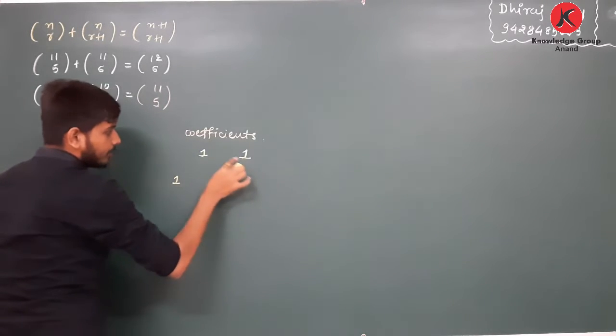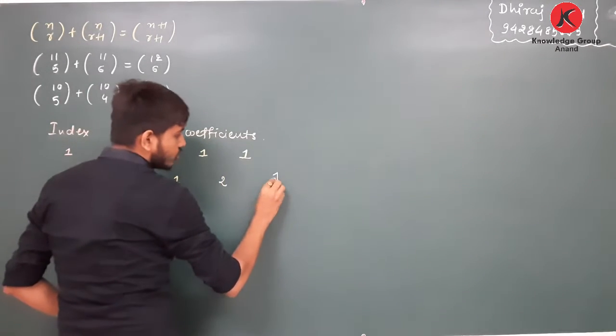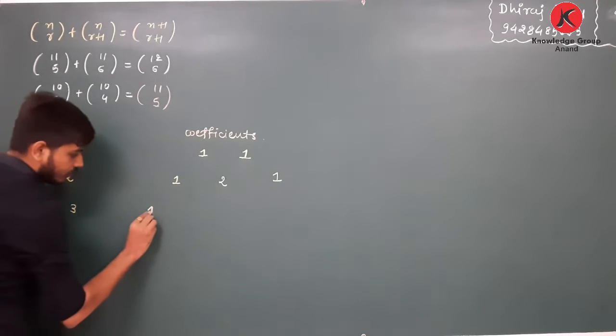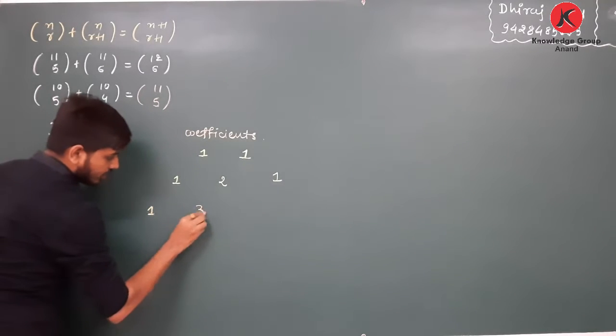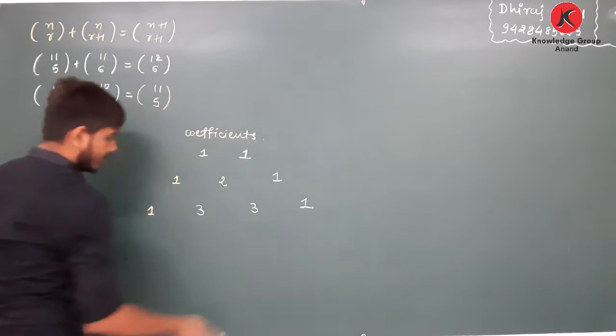You will get this from the triangle, and this triangle is known as Pascal's triangle. 1, 2, 1. If the index is 3, then we will get 1, 1 plus 2 is 3, 2 plus 1 is 3, and the last one, 1.